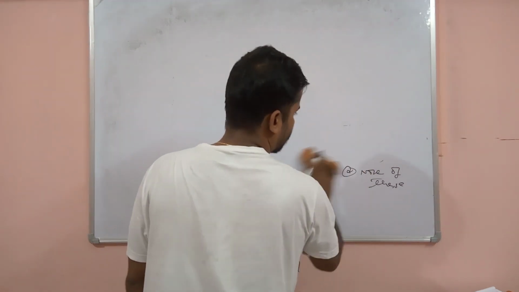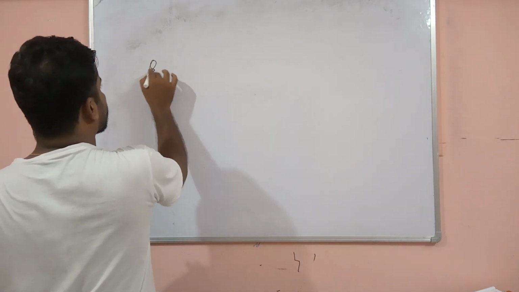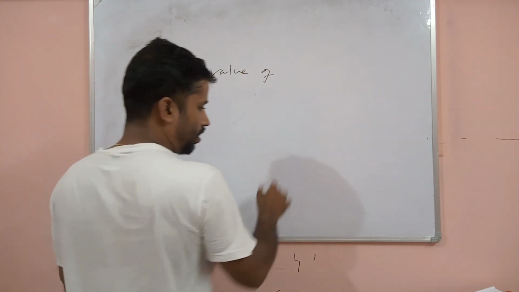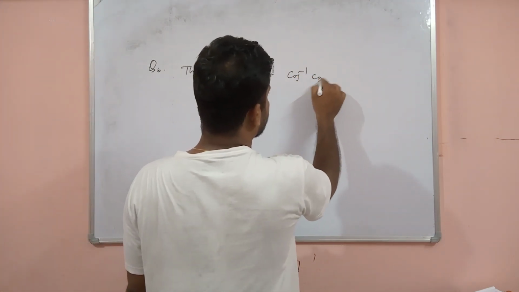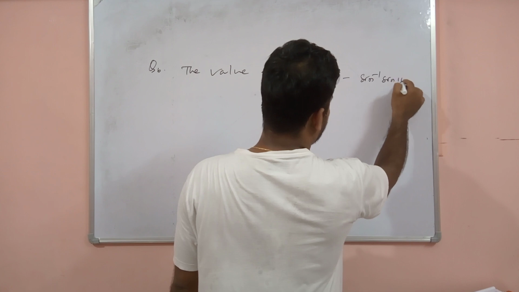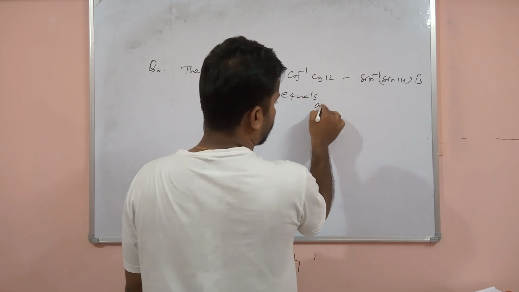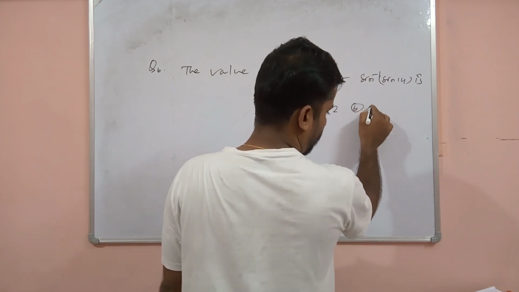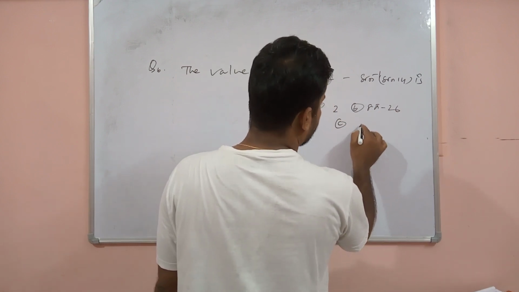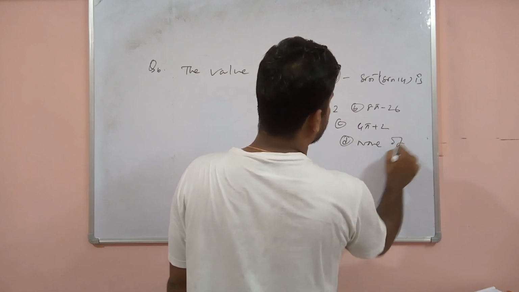Let's see question number 6. The value of cos inverse cos 12 minus sine inverse sine 14 is equal to, options are a 2, b 8 pi minus 26, c 4 pi plus 2, and the last one is none of these.